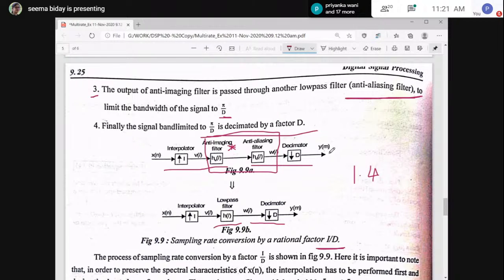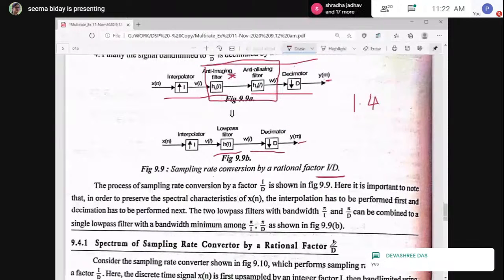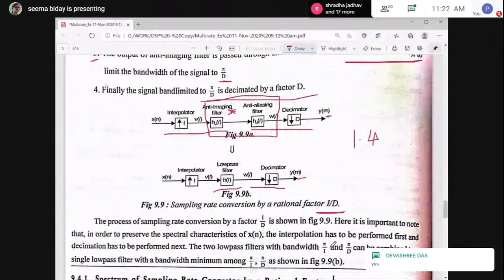It is the same as that y(m). These are all the four steps used for sampling rate conversion by a rational factor I by D. Is this clear? Is it okay? So draw the block diagram and write down everything.